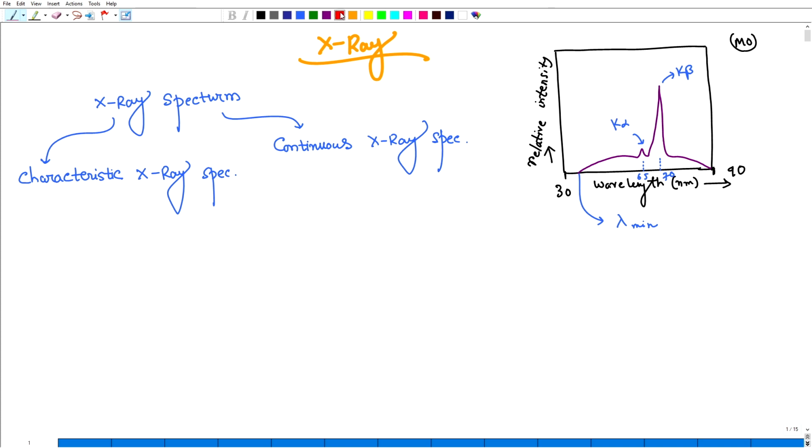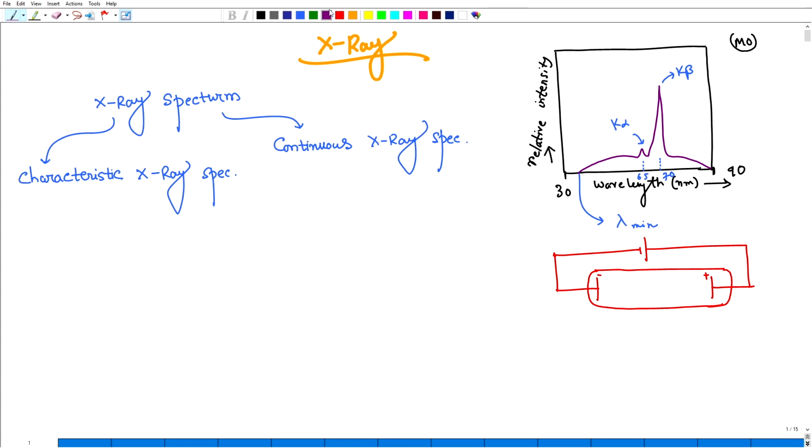So if you recall the experimental setup, what was it? This is a kind of cathode ray tube. This is the negatively charged electrode, this is the positively charged electrode, and in this tube the electrons, which is actually the cathode ray, travel from one electrode to another at high velocity.